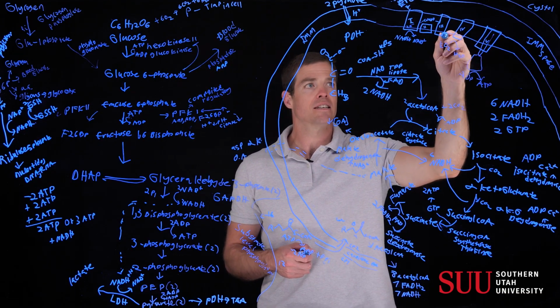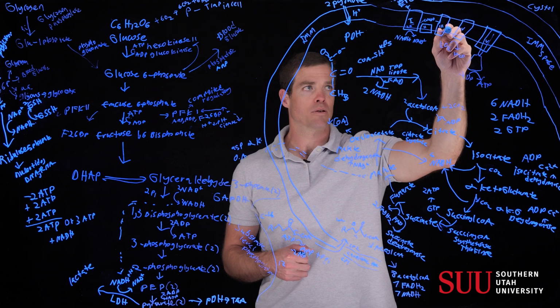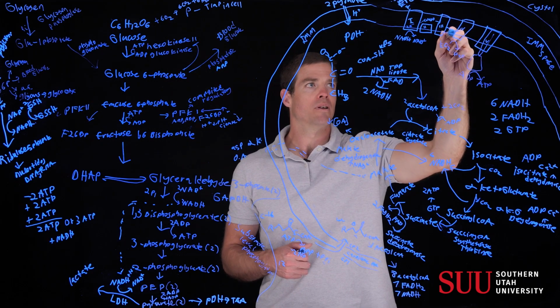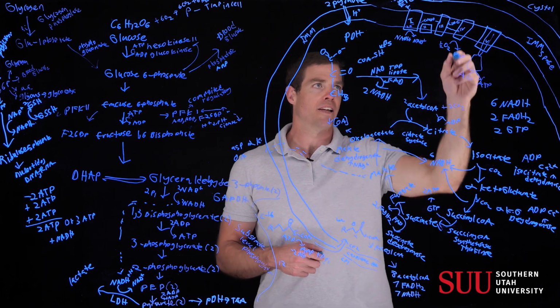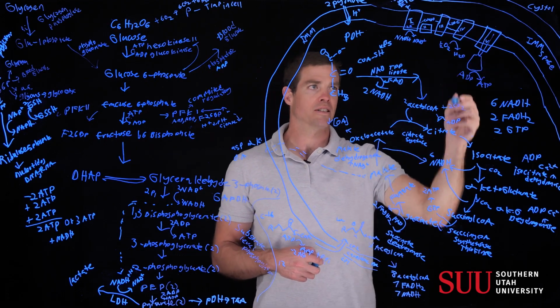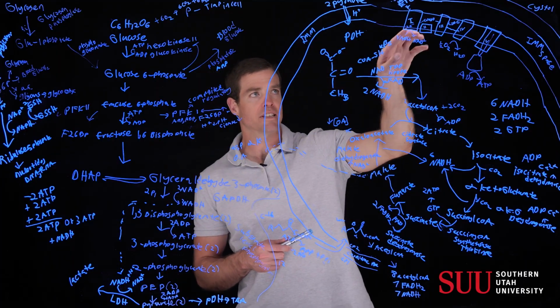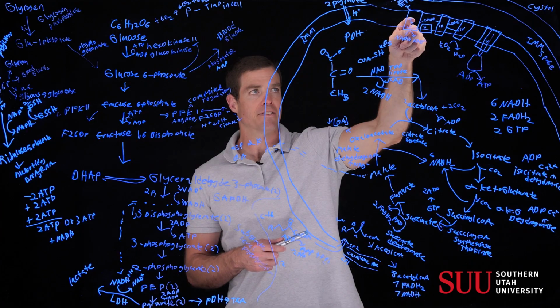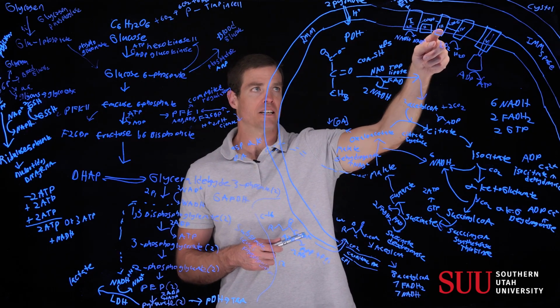And when it does that, complex 3 gets those electrons, and then it carries those electrons. These electrons then get passed over to complex 4 through another protein, cytochrome C. And then you go to complex 4, cytochrome oxidase, where it consumes oxygen. Now, during this process of these electrons, this has a very high affinity for the electrons compared to this one. And then complex 3 has an even higher affinity than complex 1.